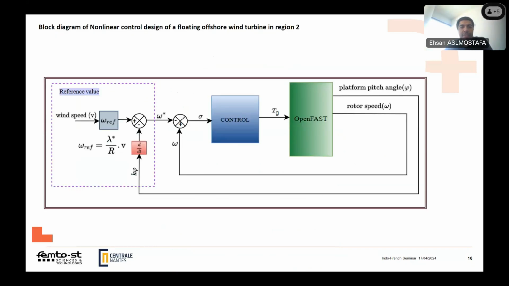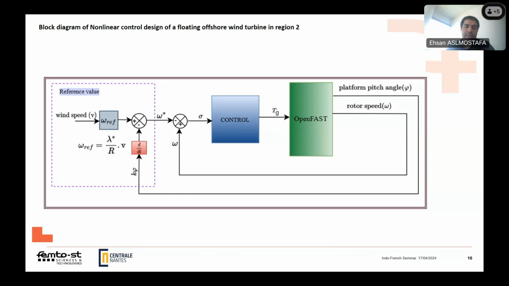Here is the block diagram of our controller, which is implemented on the floating offshore wind turbine. Here you can see on the left side, the omega ref is calculated based on the TSR strategy.